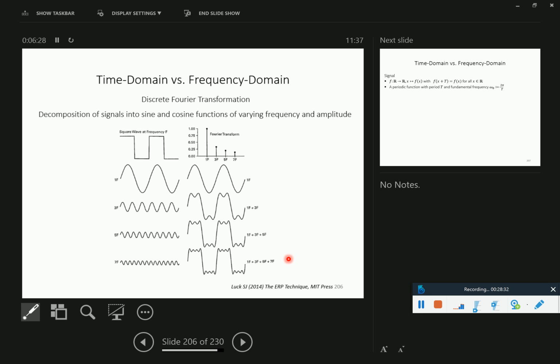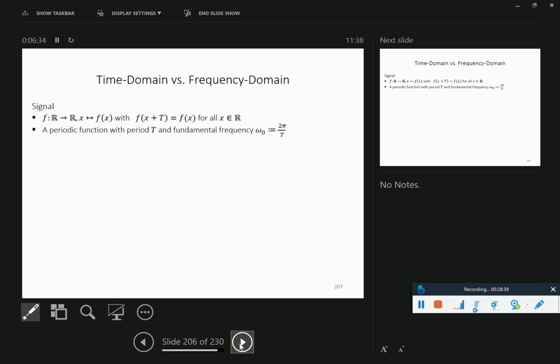So the next slide shows the whole thing a little bit more formally to make things clearer. The signals that are actually of interest are univariate real valued functions, and the fundamental assumption is that these are periodic.